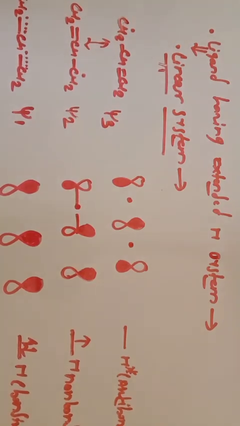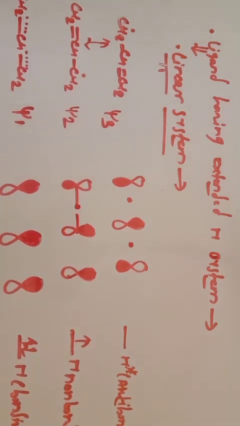If you consider this pi system, the lowest energy pi molecular orbital has all three p orbitals interacting to give a bonding molecular orbital. Then the higher energy non-bonding molecular orbital, in which a node is present, bisects the molecule through the central carbon atom. So the p orbital on the central carbon atom does not participate in the molecular orbital formation.